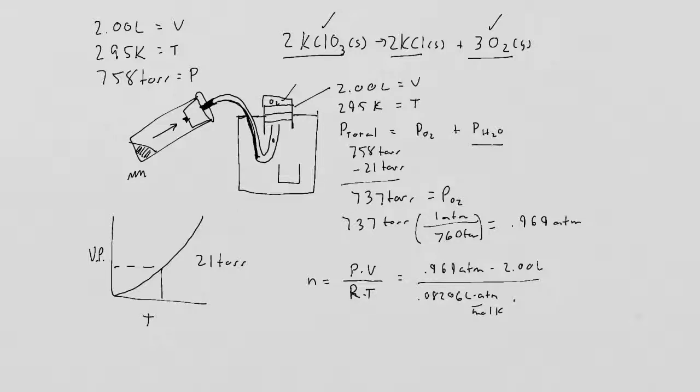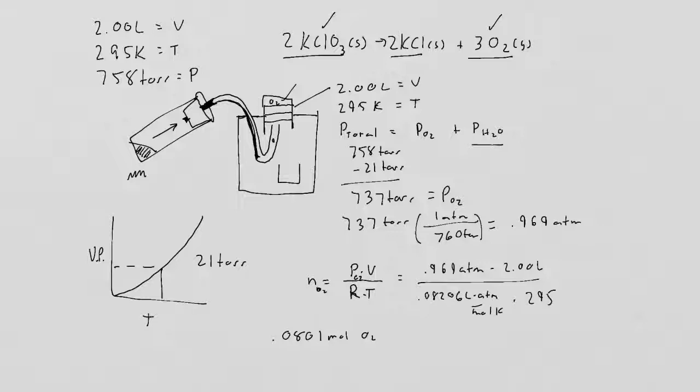And finally, we multiply that by the temperature, which was 295. When I do all that math, I get a value of 0.0801 moles of O2. Because remember, this was the n of the O2, so we were solving for the moles of O2.